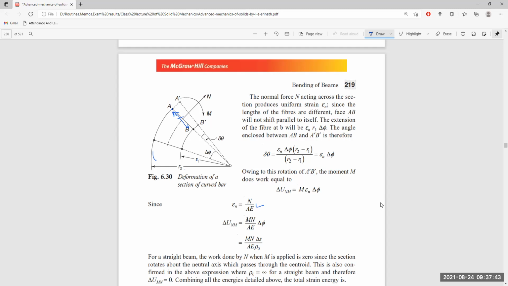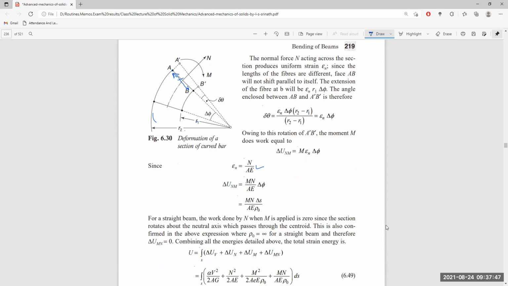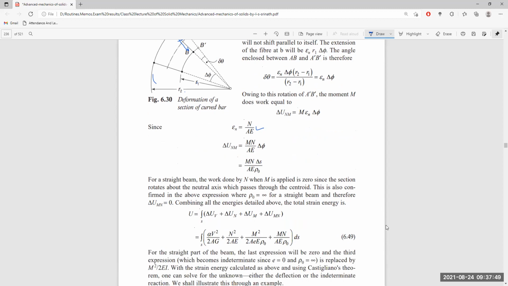For a straight beam, the work done by N when M is applied is 0, since the section rotates about the neutral axis only and it passes through the centroid.